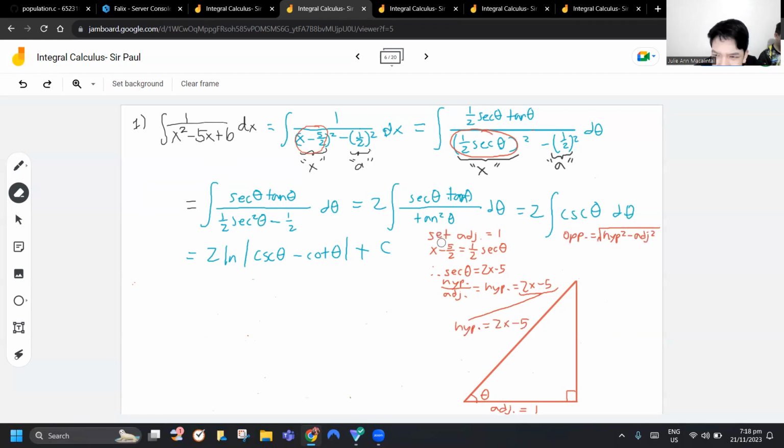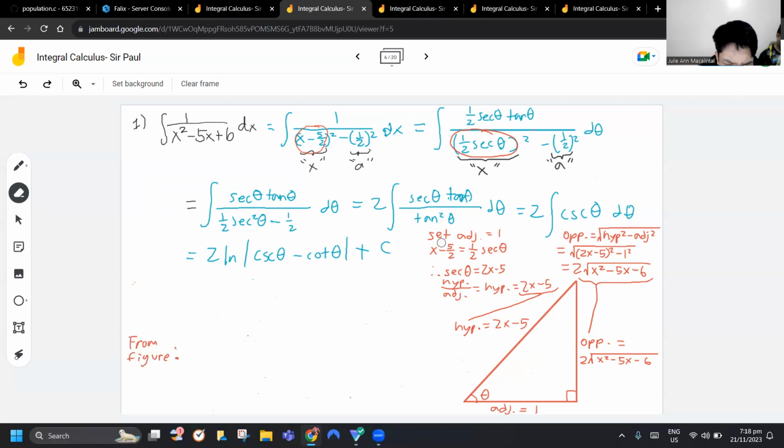Now we can solve for the opposite by using the Pythagorean theorem. Simplifying this, we get, so therefore this is the opposite. Now we can easily find cosecant and cotangent because cosecant is 1 over sine, or hypotenuse over opposite, and then cotangent is adjacent over opposite.